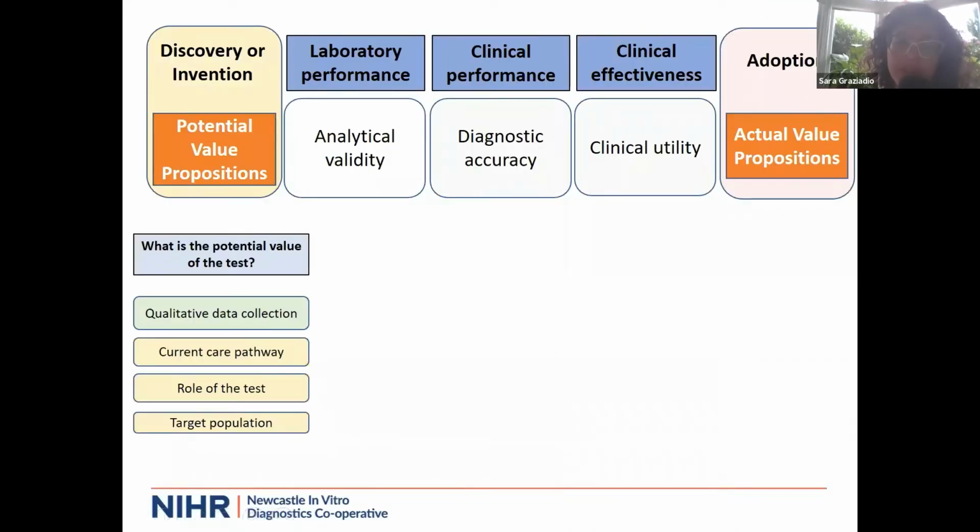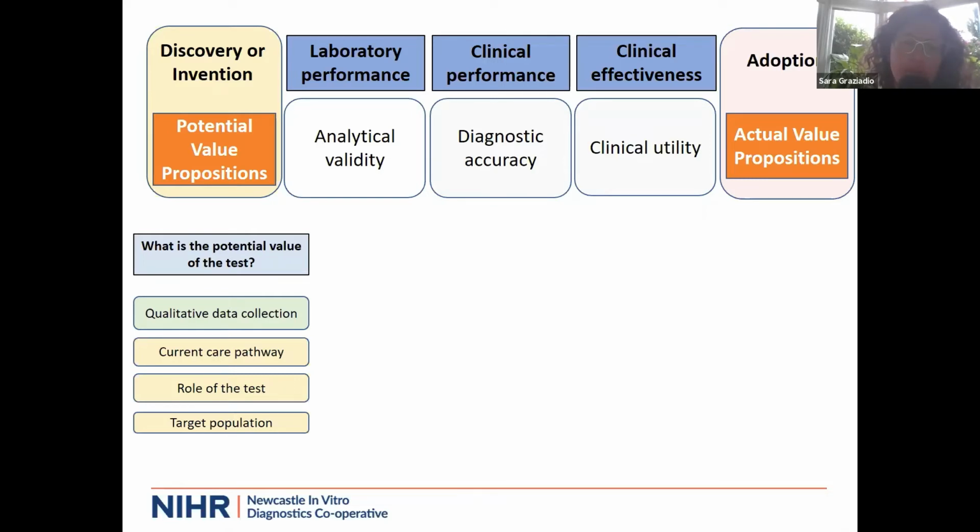So the first step, as I mentioned previously, is understanding the value proposition of your test. This is really essential because it frames the whole journey of evidence gathering. Why is your test important? How do we do this? We do it with qualitative data collection, usually interviews, more rarely surveys if we've got specific questions, and we review the guidelines.